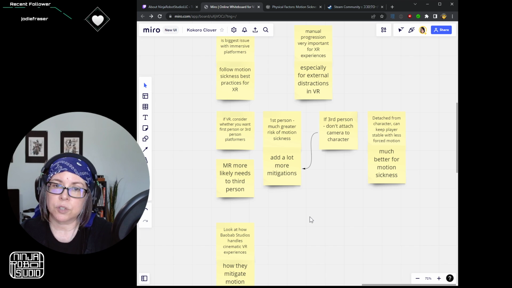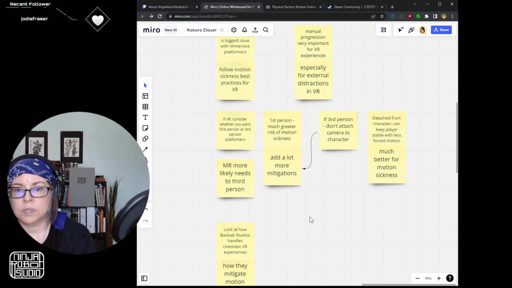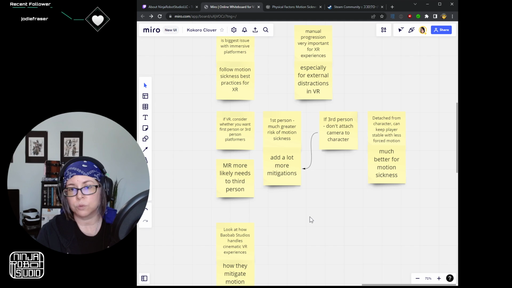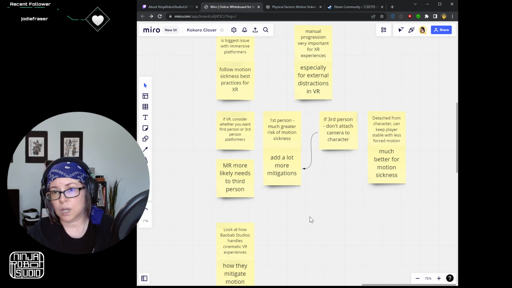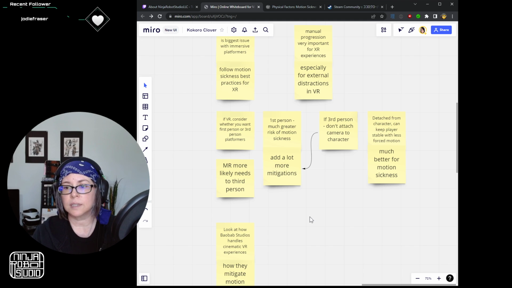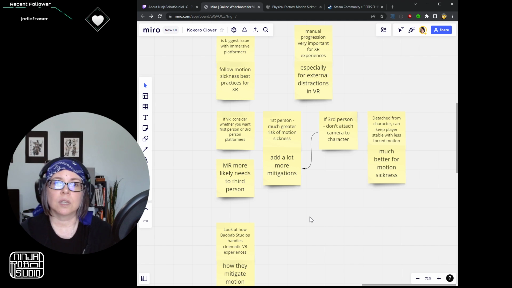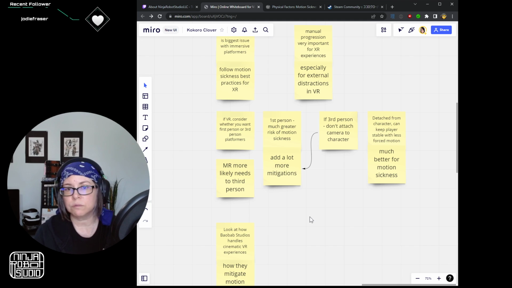But if it's third person, I would say don't attach the camera to the character, because that is pretty much going to end up being the same problem that you have with first person, that you're having that artificial motion.